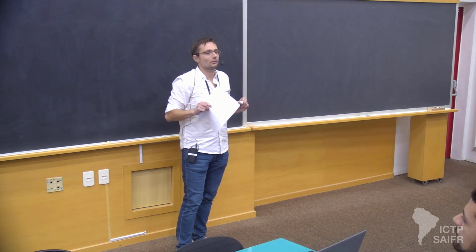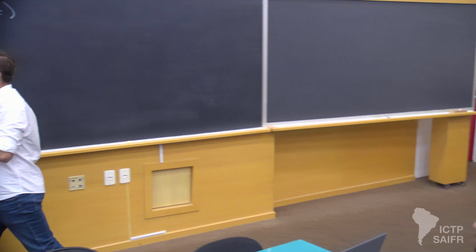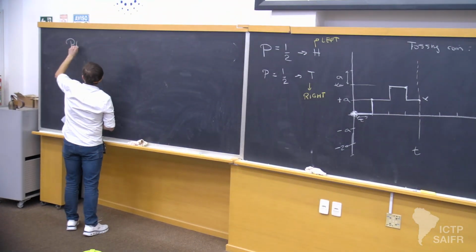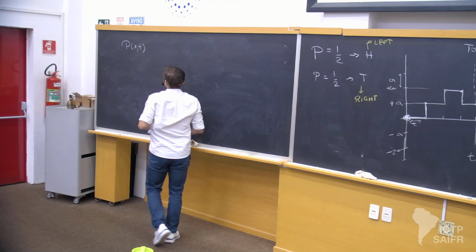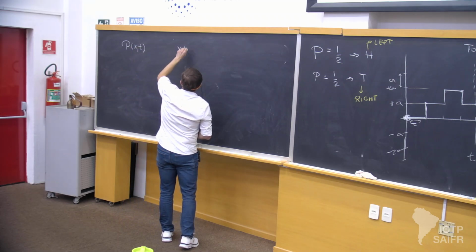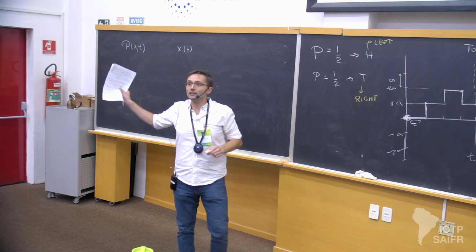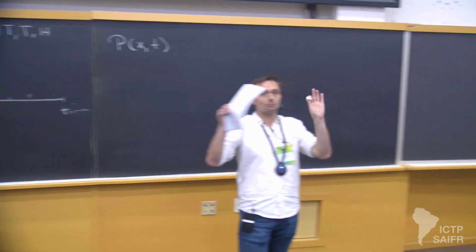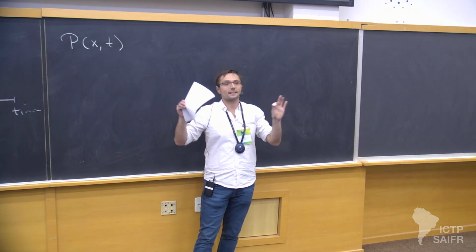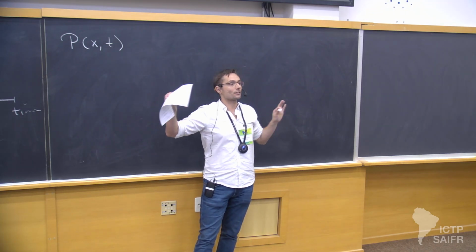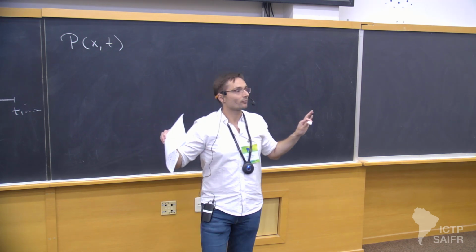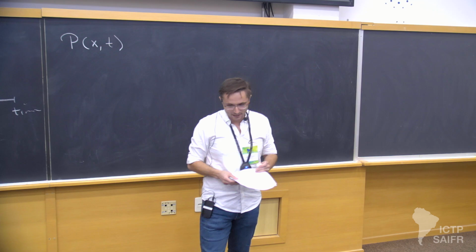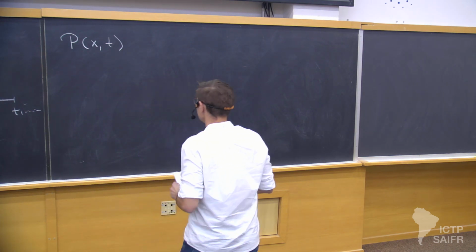So what we are going to do today, and that's why I'm going to sacrifice a lot of rigor, is we are going to learn ways in which I can describe my systems in terms of the probability distribution function, in terms of differential equations for the trajectory, and we are going to see how we can jump from one to the other. And we are going to try to construct a map that allows us to understand how all these different ways of describing systems are connected to each other. Okay? That's what we are going to do today. It's a lot of material, so let's try to speed up a little bit here.